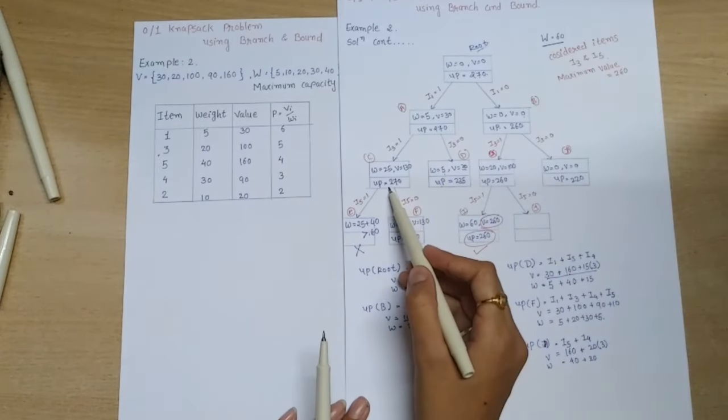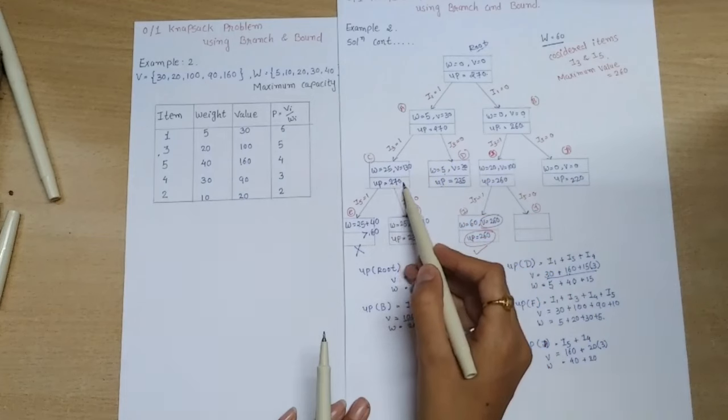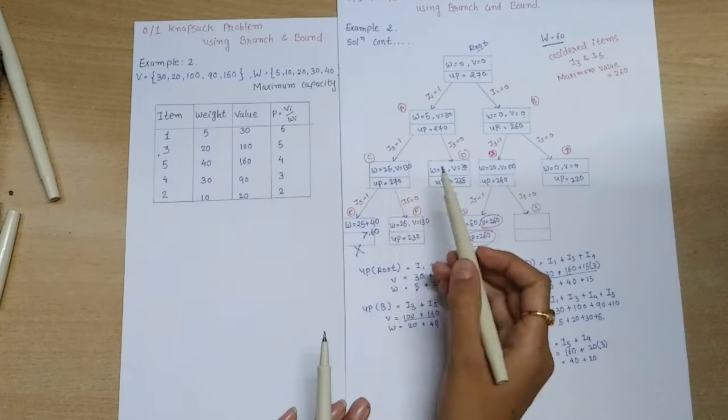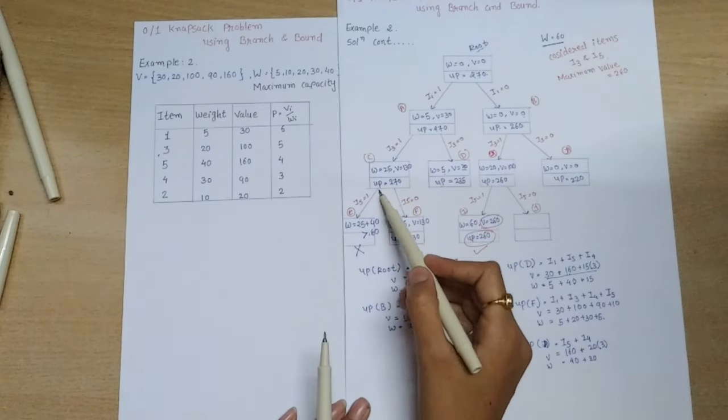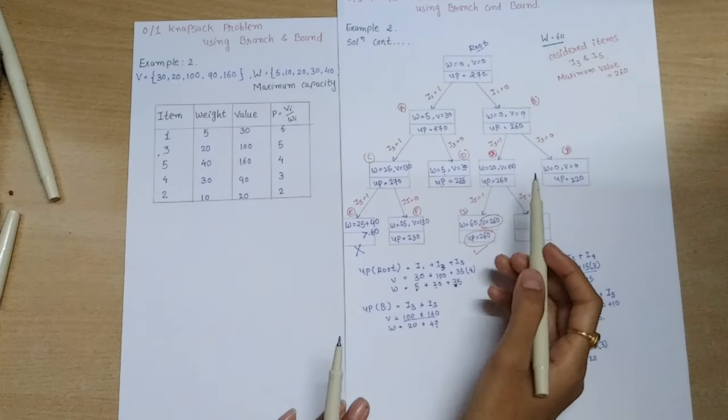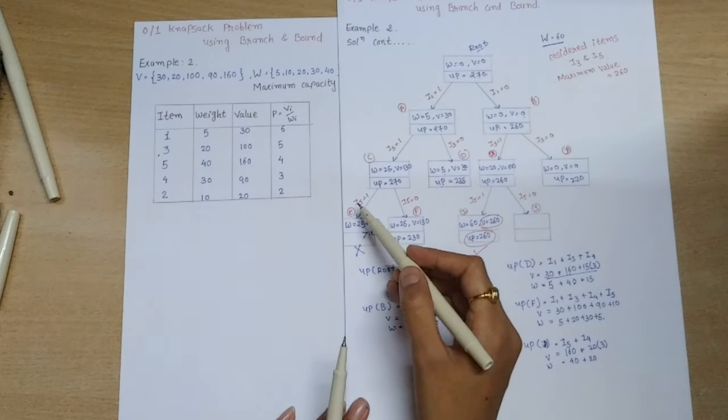Now here we are having maximum value of upper bound at node C, so we will explore node C further with considering item I5 and not.